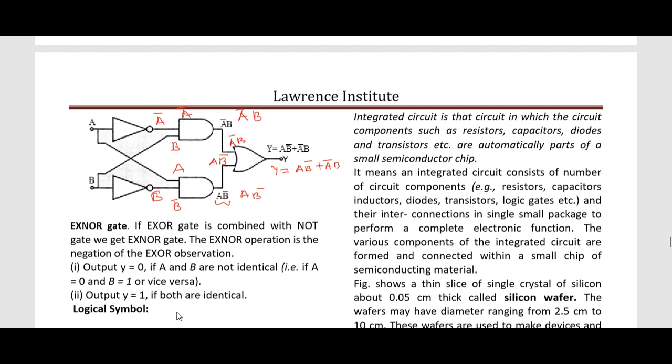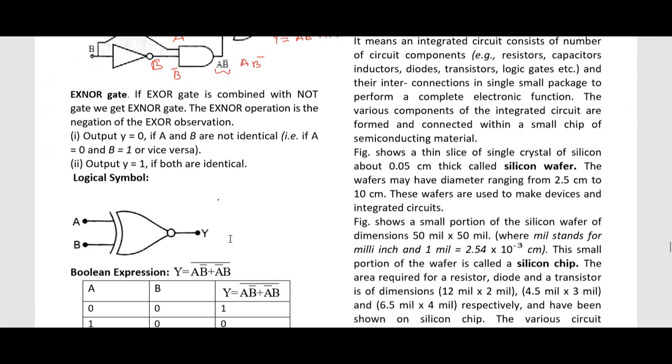The next is exclusive NOR gate. In case of exclusive NOR gate, it is just exclusive OR gate, we just take its NOT operation here. Or mathematically what we write is Y is equal to bar of A B bar plus A bar B, bar of this whole.